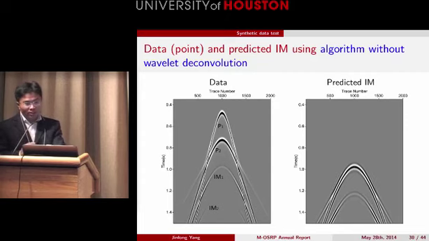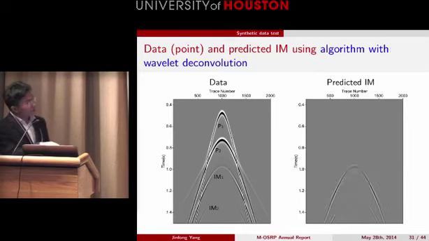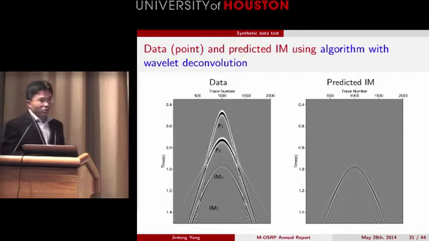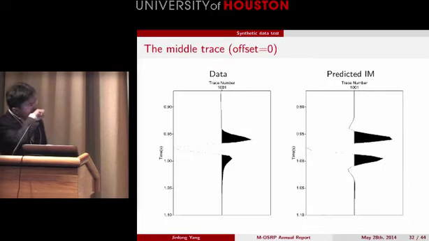But if we incorporate the source wavelet deconvolution, our prediction is like this. You can see the phase is still correct, the amplitude is very close, and the shape is moving closer. I will pick some traces to look at some detail. This is a middle trace.